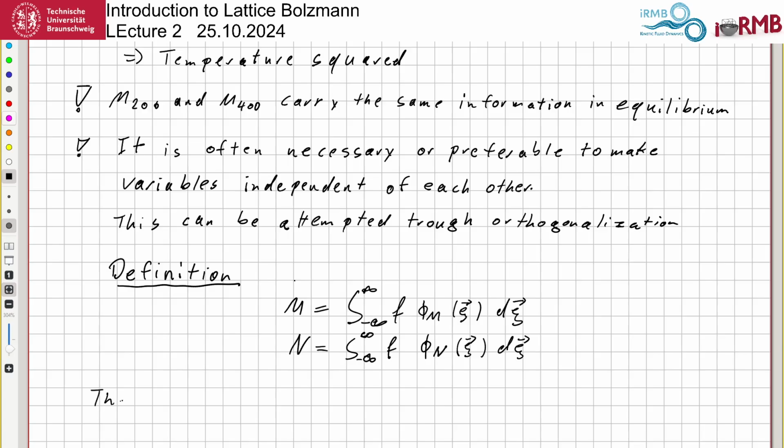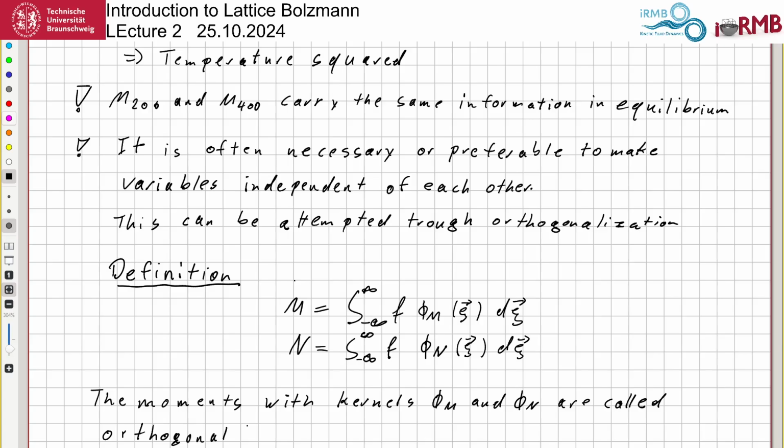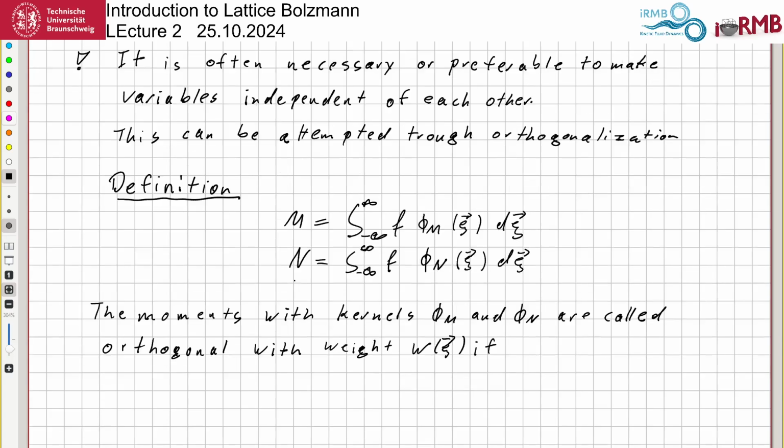And now we say that these moments with these kernels phi m and phi n are called orthogonal with weights W of xi if the following condition is true: the integral from -infinity to infinity of the weight times phi m and phi n is equal to 0.